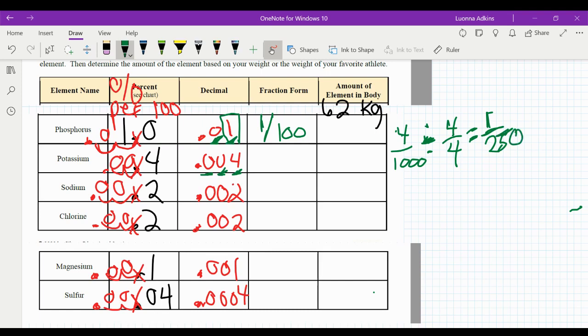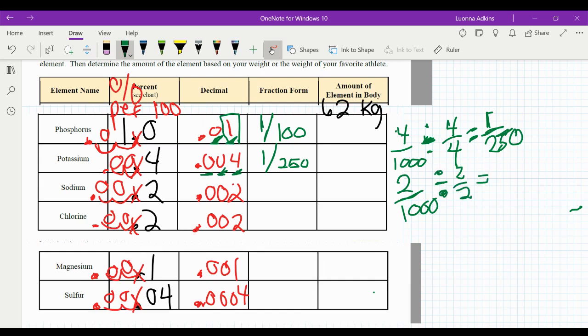So if we come over here, we can record that fraction as 1/250, or 1 out of 250. We're going to do the same for sodium. That is 2 out of 1,000. We can reduce that by the greatest common factor of 2 for both the numerator and the denominator.